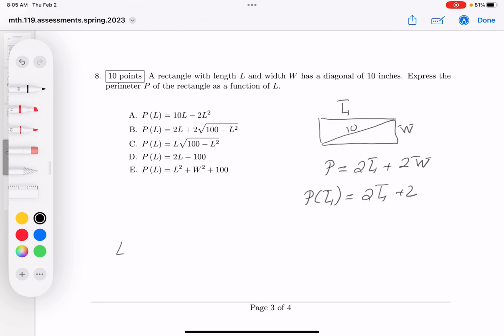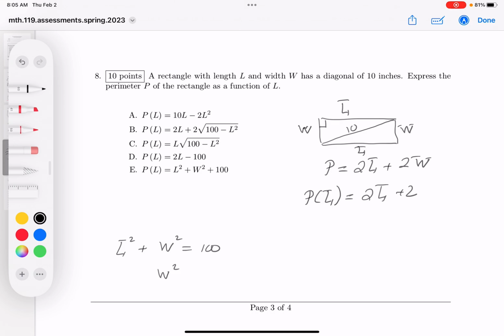So L squared plus W squared equals 10 squared. This is the Pythagorean theorem, by the way. And again, we're looking at that picture, and that would be 100, because the diagonal's 10. So what do you get over here? Well, let's take a look.